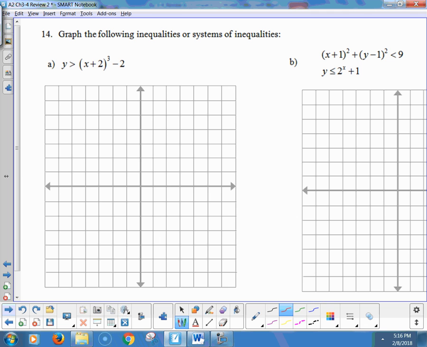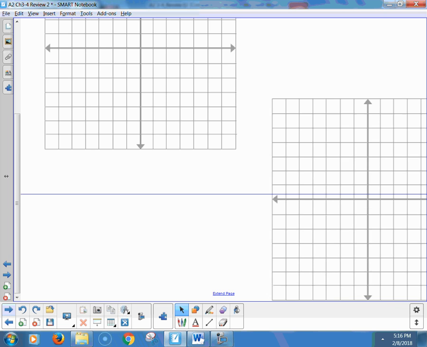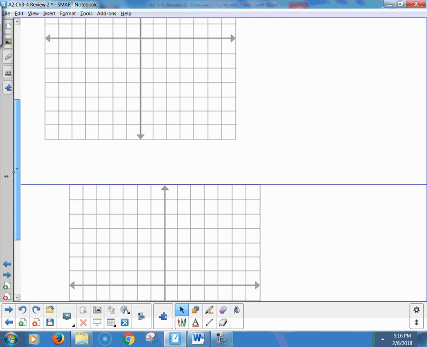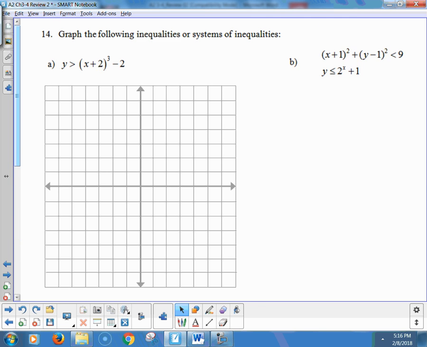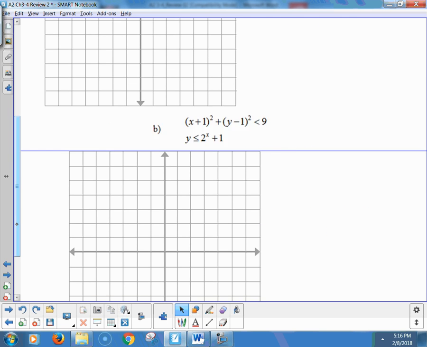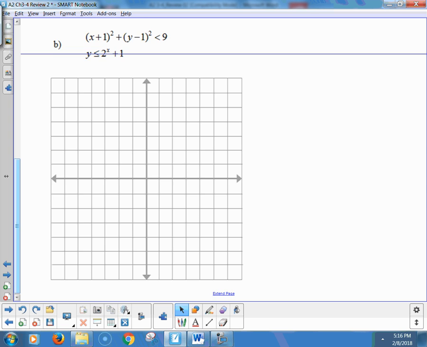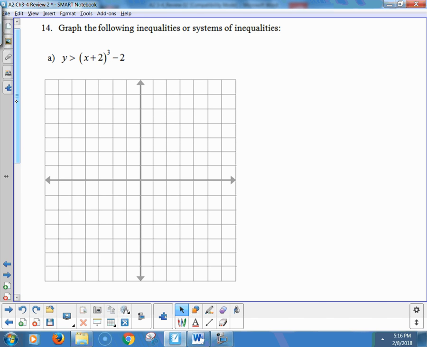Number 14 says graph some things. Let's move these guys down here so that I have more space. There we go. All right. Graph some inequalities. Well, this function is a cubic. It is shifted backward 2 and up 2, not forward 2 and up 2. So back 2, up 2.